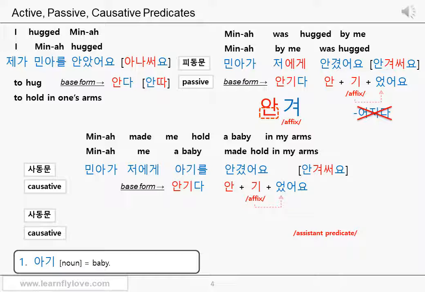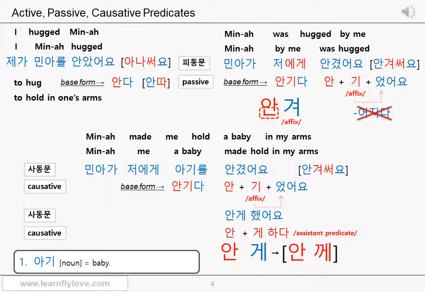And what assistant predicate can you use to mean make someone do something? Yes, 게 하다. So the stem 안 plus 게 했어요. 안게 했어요. This time, the 게 sound turns into 께 sound with a double consonant, affected by the final ㄴ consonant in the formal block because 게 sound is a part of the ending. 게 하다 is an assistant verb and the ending at the same time.